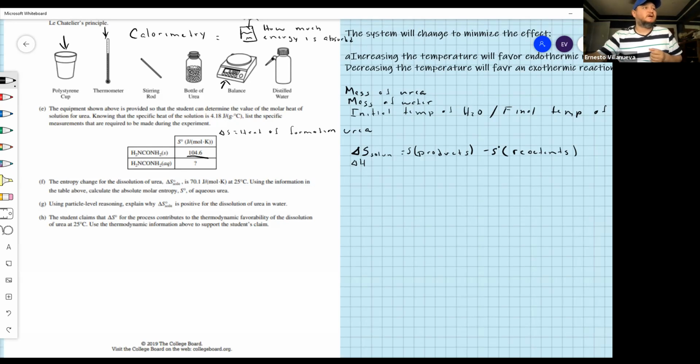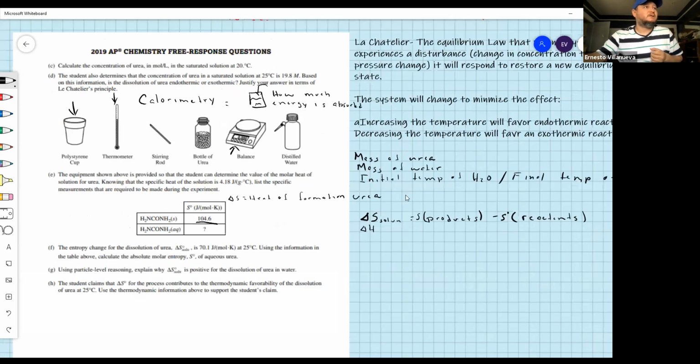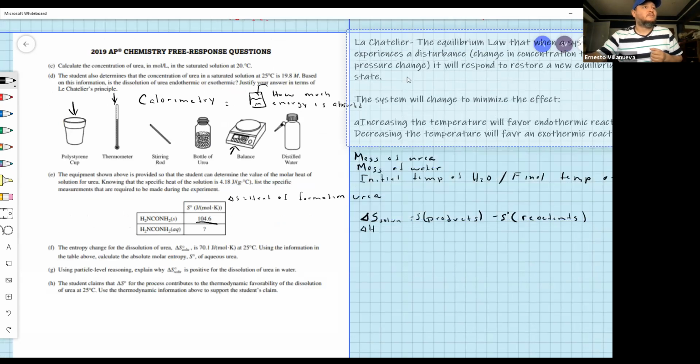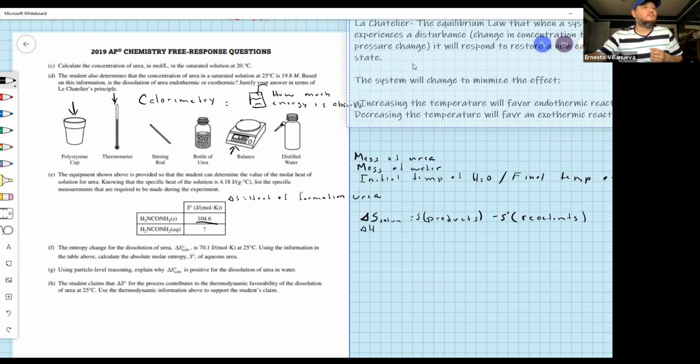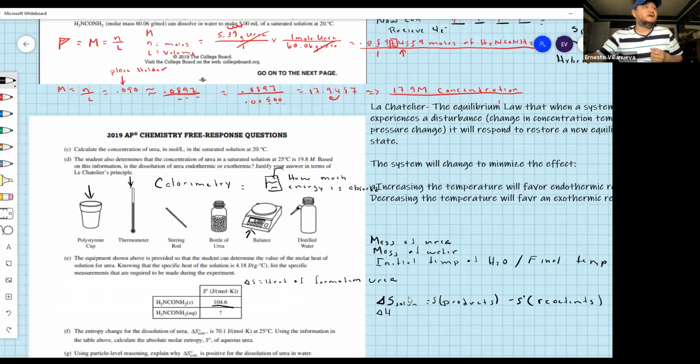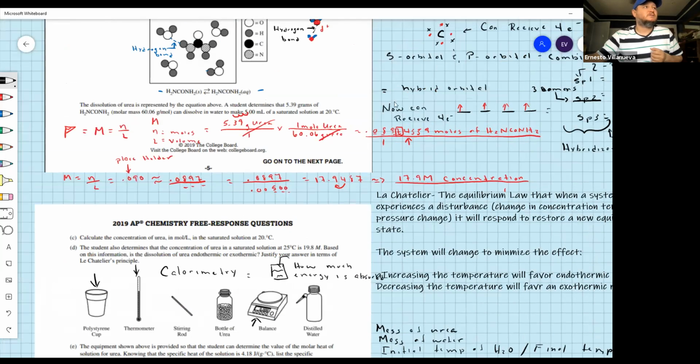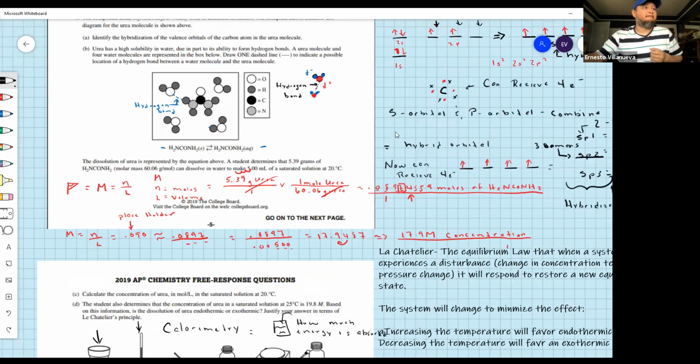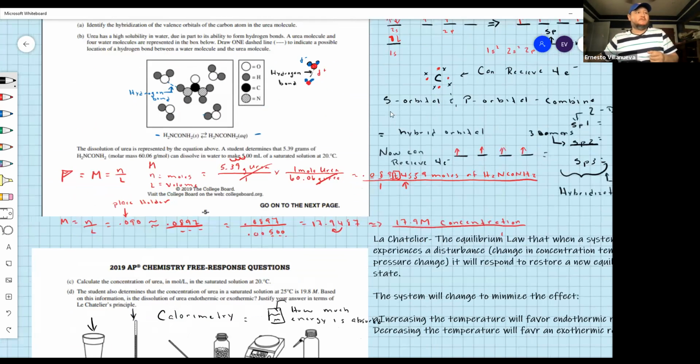Okay, so let's scroll up a little bit and see if we can take a look at the original equation. Oh, it's right here. Okay, so here's your equation. Your equation is the dissolution of urea.